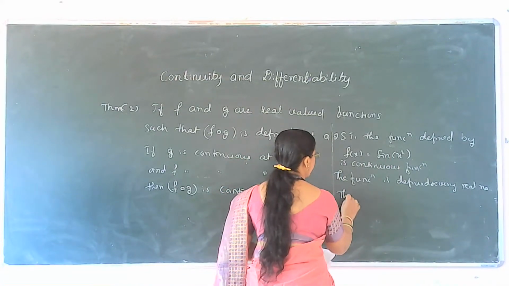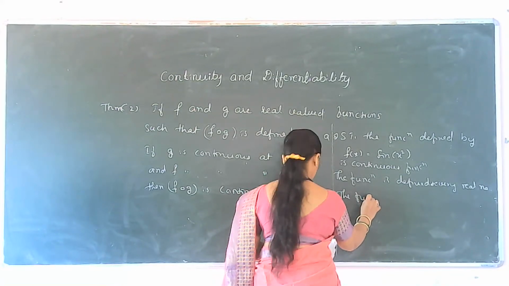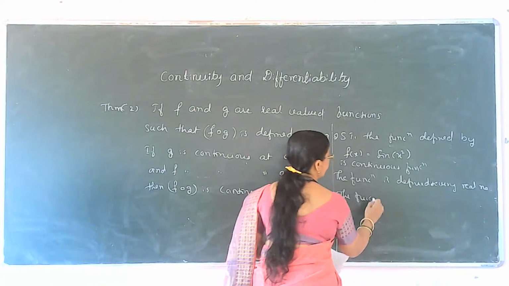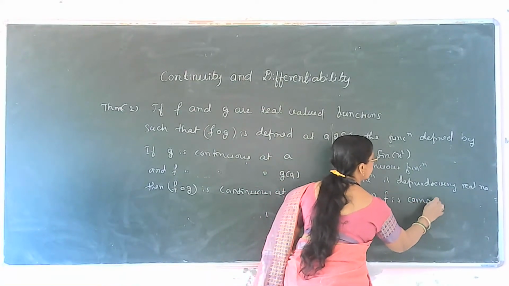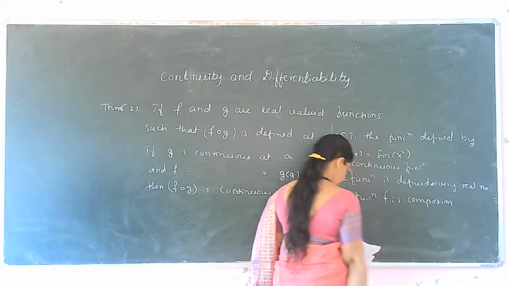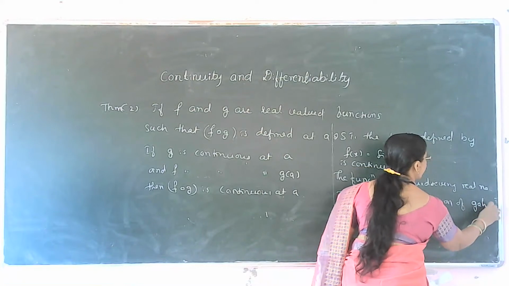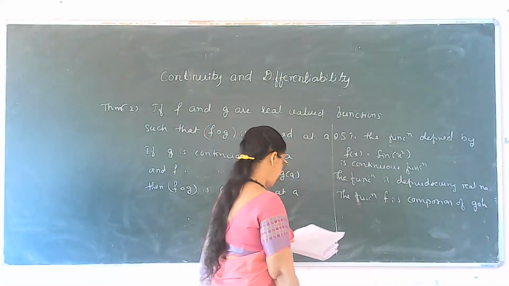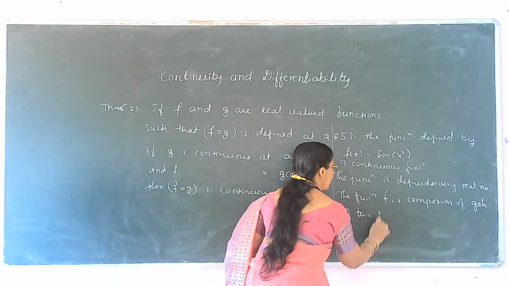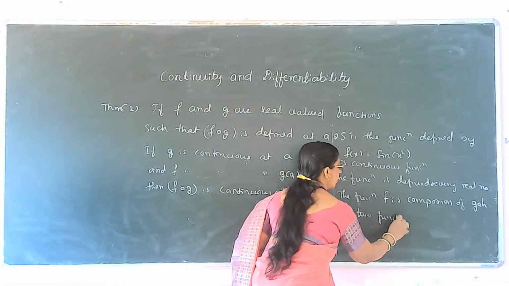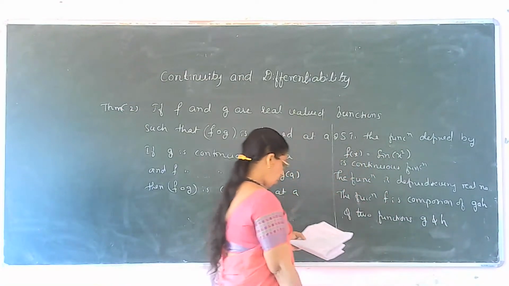The function f is the composition g naught h of two functions g and h.